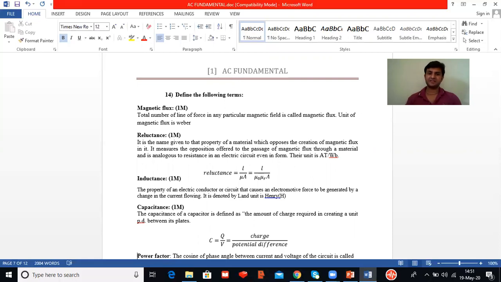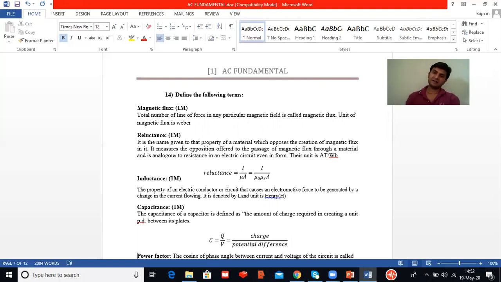The unit of magnetic flux is the Weber. The second is reluctance. It is the name given to the property of a material by which it opposes the creation of magnetic flux in it. It measures the opposition offered to the passage of magnetic flux through the material.